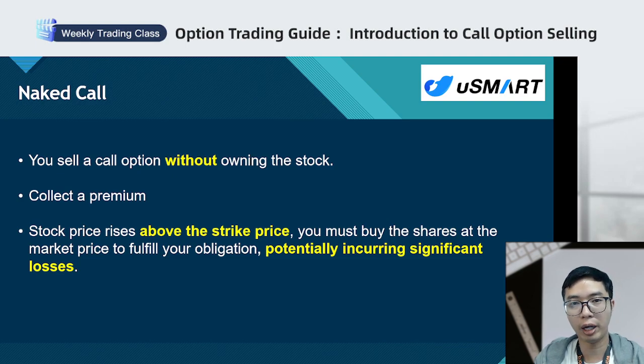If the stock price rises above the strike price, then we as the sellers have the obligation to buy the shares from the market to fulfill our obligations, potentially incurring significant losses, as the loss is unlimited.